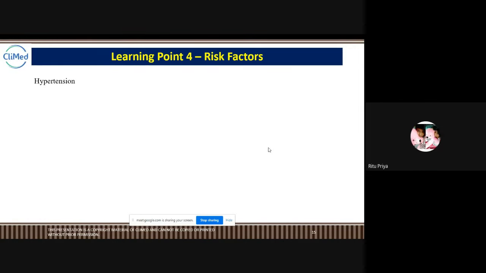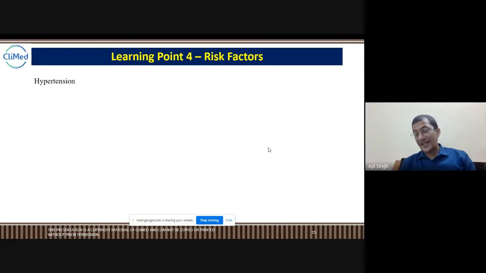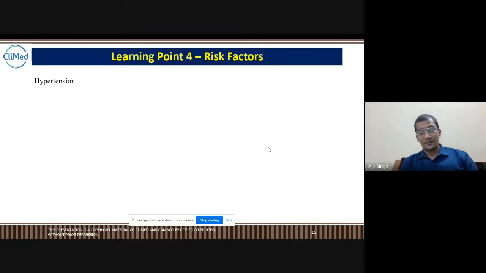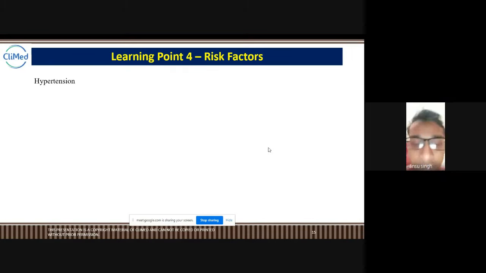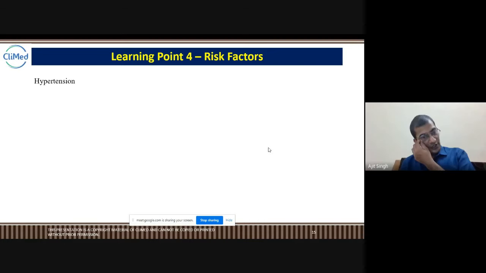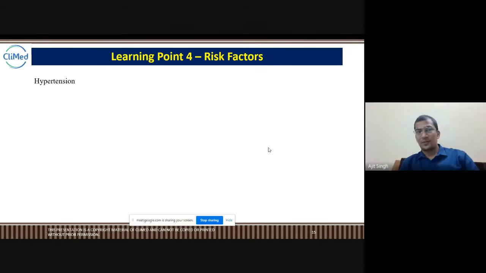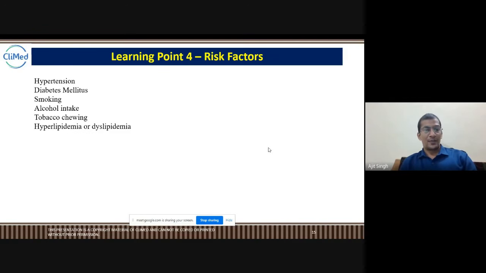Anxiety. Elderly patients. Drug induced. Dyslipidemia. Okay. So hypertension, diabetes, smoking, alcohol intake, tobacco chewing, hyperlipidemia or dyslipidemia, definitely.